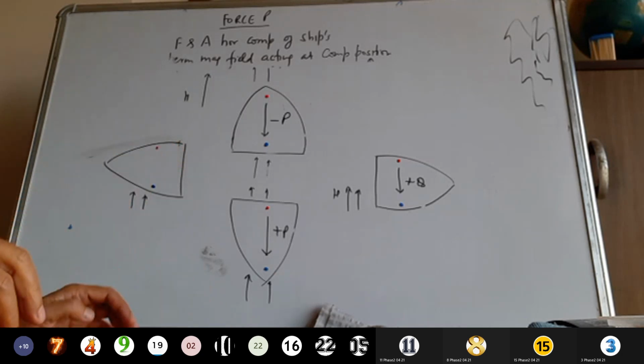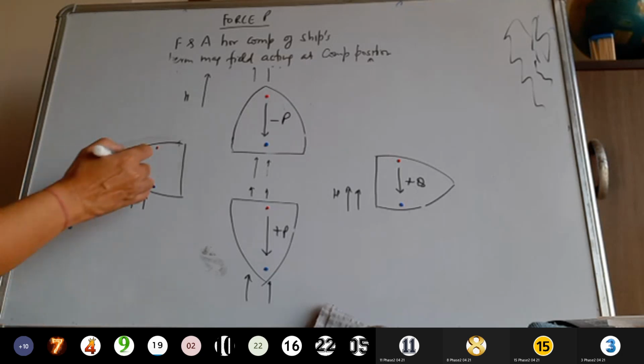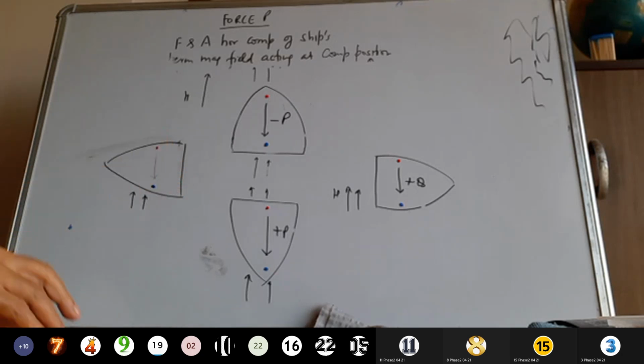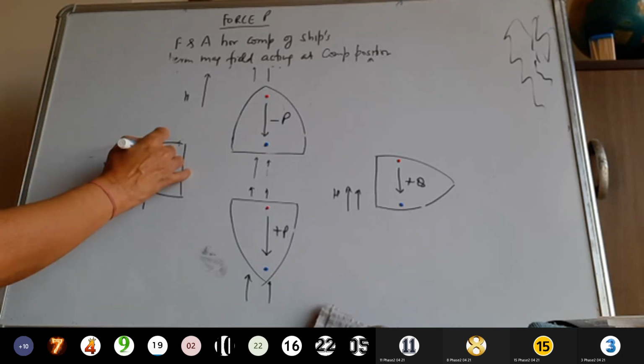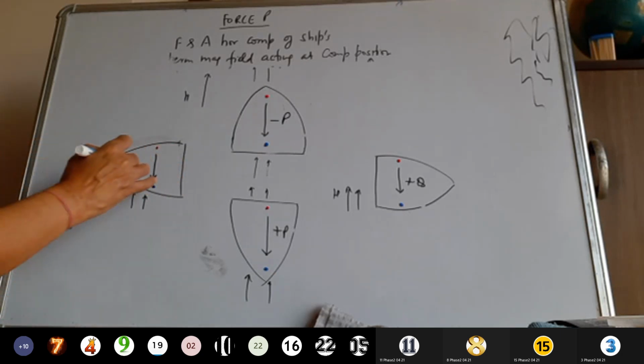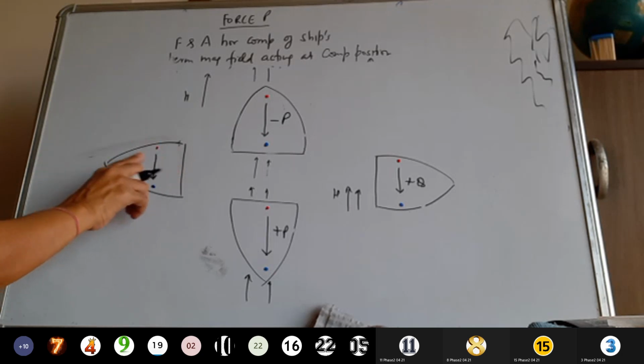After this, red and blue poles have been created as permanent poles, and now the ship comes into active sailing. Now within the ship, the force will be acting from this red to this blue. So that means now this force is acting towards port, so minus Q.